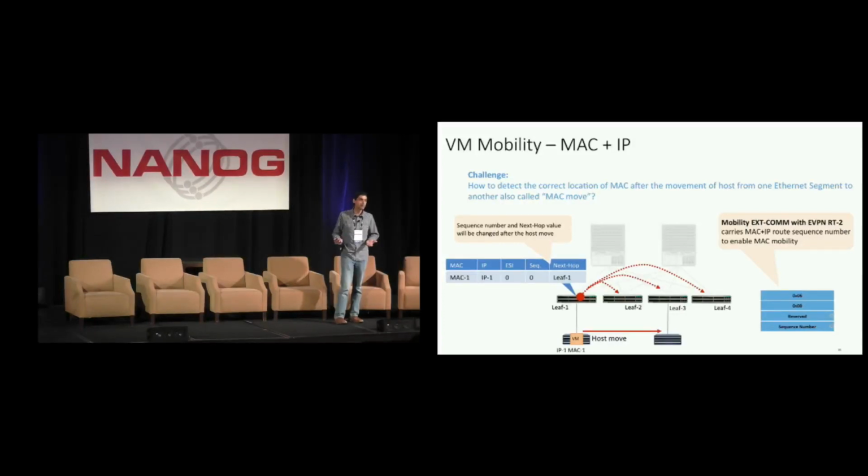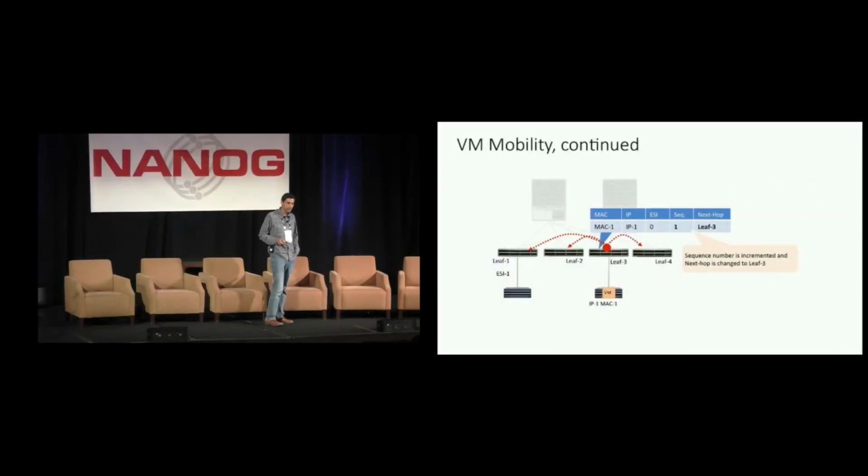When a host is learned for the very first time, its MAC and IP route type 2 is advertised without any sequence number attribute attached, and the sequence number is implicitly assumed to be 0. Now, when the host, let's say, moves from leaf 1 to leaf 3, and leaf 3 learns the host locally, again via ARP learning or via MAC learning, leaf 3 at this time already has an existing route that was advertised by leaf 1 for this host.